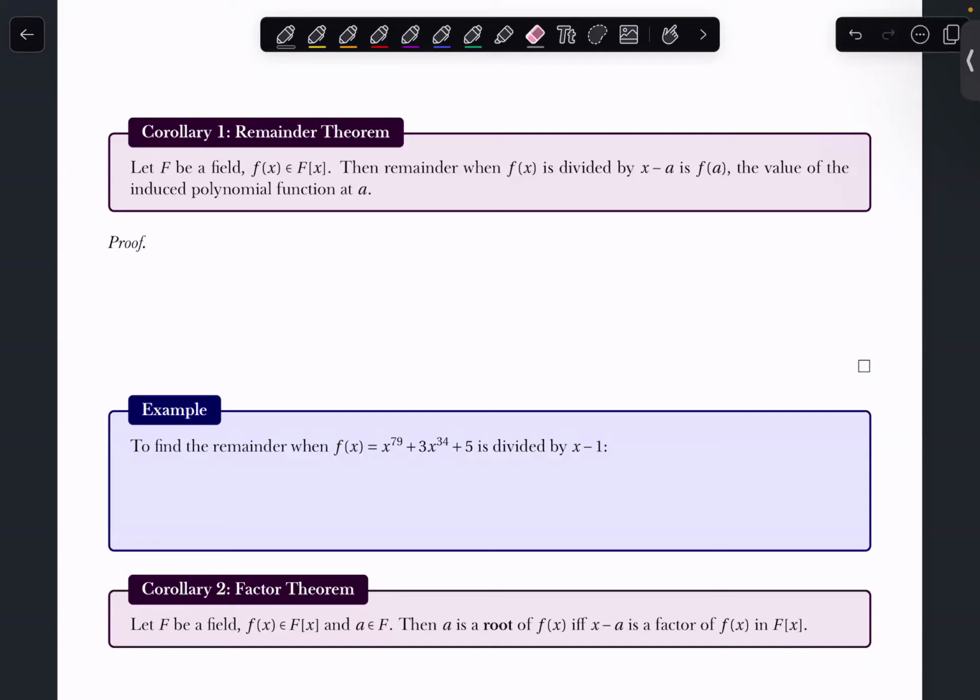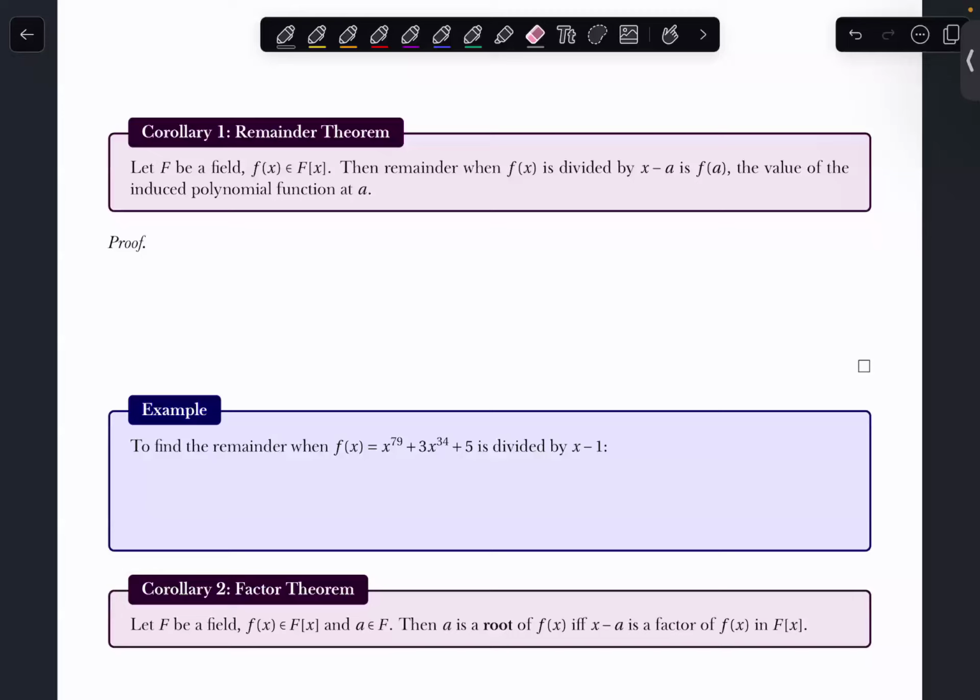Right, and really this is going to be some nice connection that we want to make about zeros of a polynomial and being able to divide by x minus that zero. So if a was a zero, if I plugged in a and I got 0 for my polynomial, I want to have some relationship about what that means. Can I factor out x minus a there? That's really what we've learned, and we're going to make that connection here, but this is the first step towards it.